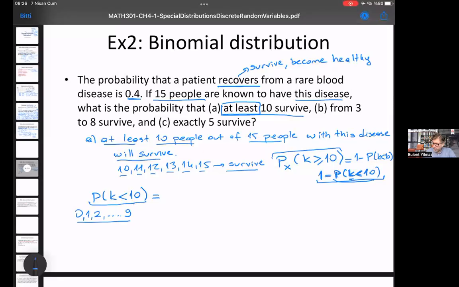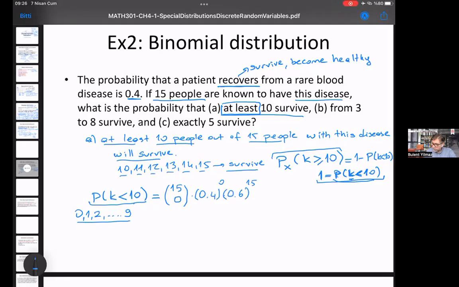So how should I write this? It's going to be, for example, out of 15 people, no people survive, times survival 0.4 to the power 0 times dying or failure, let's say 0.6 to the power 15, right?